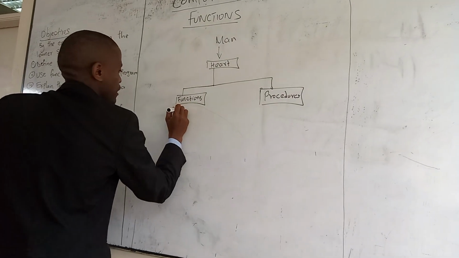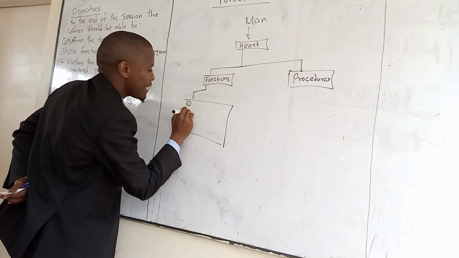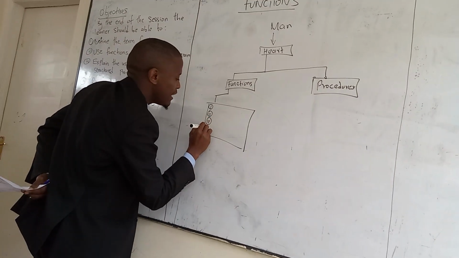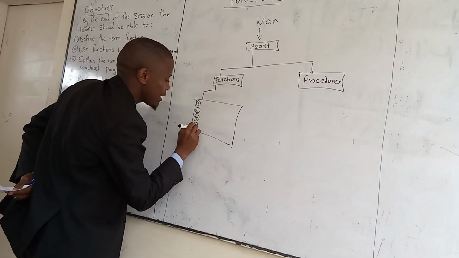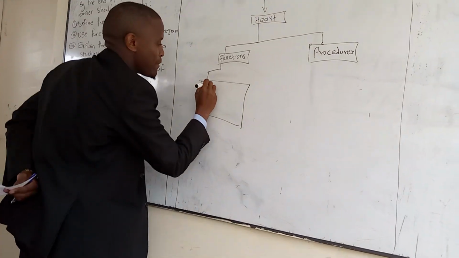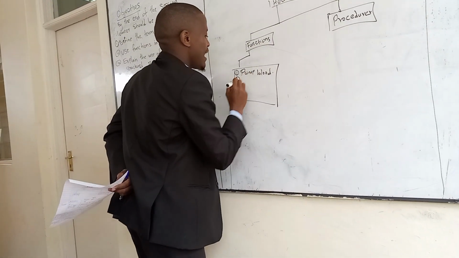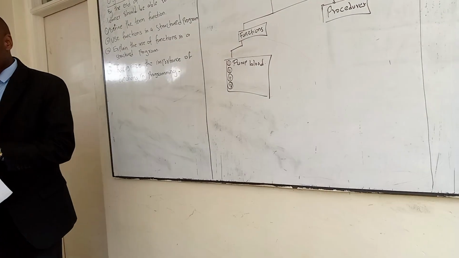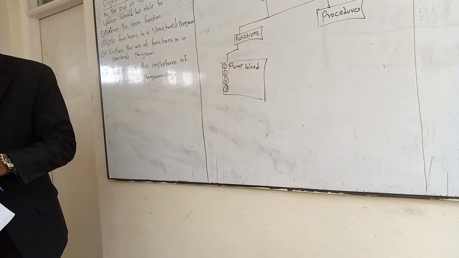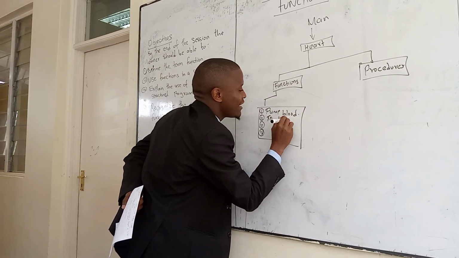Yes, so let us briefly highlight some of the functions of the heart. I am very sure that you know the functions of the heart. Jane Musa, which is one of the functions of the heart? To pump blood. That is the primary function. The second one is, Cosmos? To love.